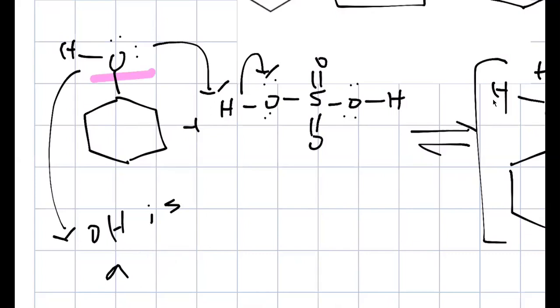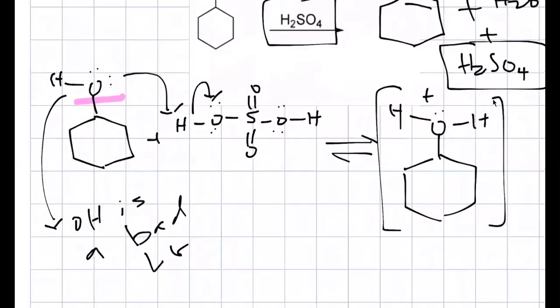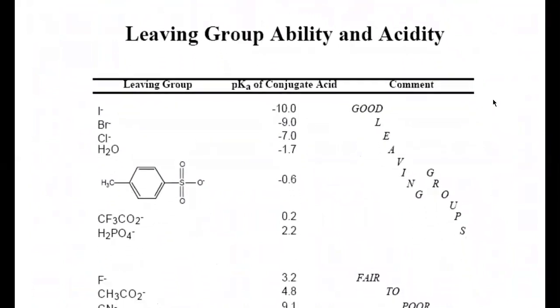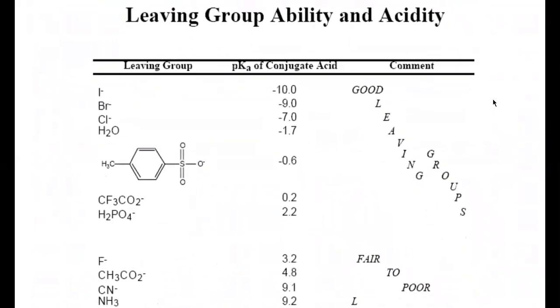I'm going to show you. I have a list in here of how to determine whether a leaving group is good or bad. Let me show you that right quick. So this list right here gives you a sense of how to judge a leaving group.